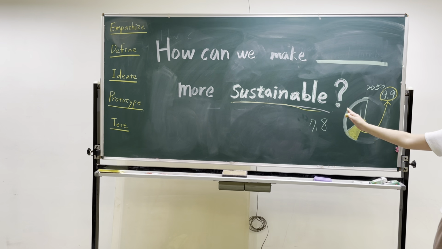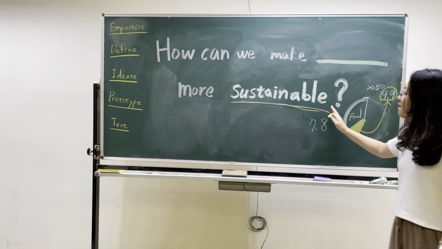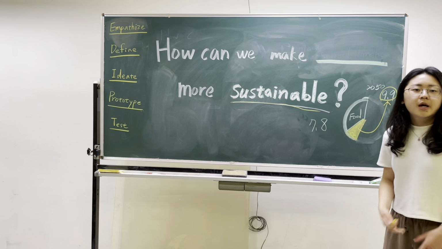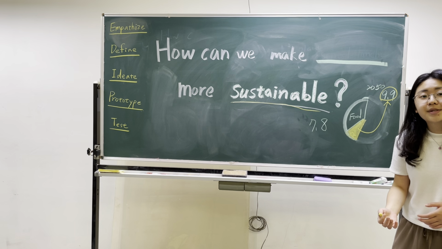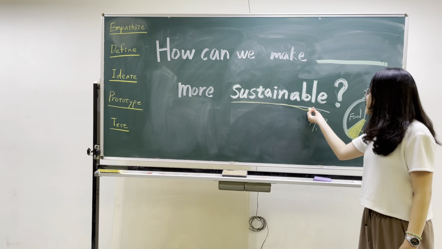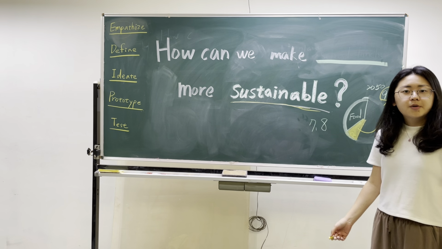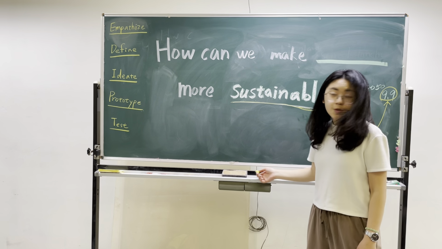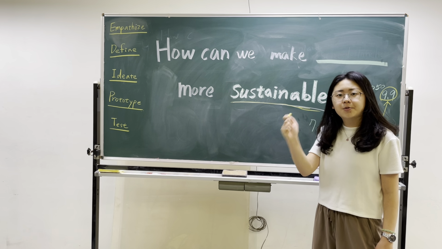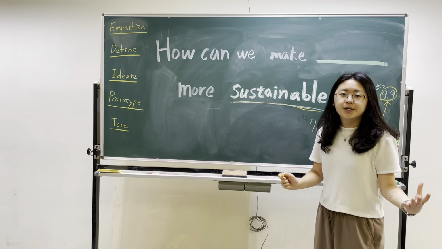Here is sustainable. The definition of sustainable is that we use the resources, but we do not compromise the resources for the next generation. So in sustainable agriculture, what we can do is choose agriculture based on how it grows to how it comes to our table.